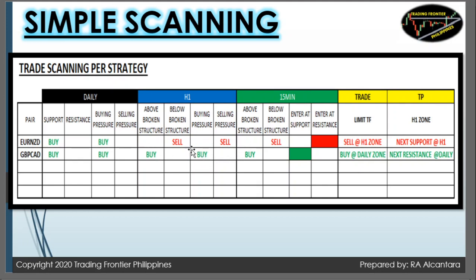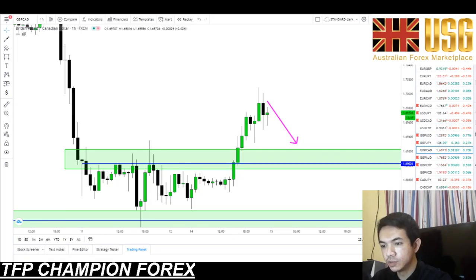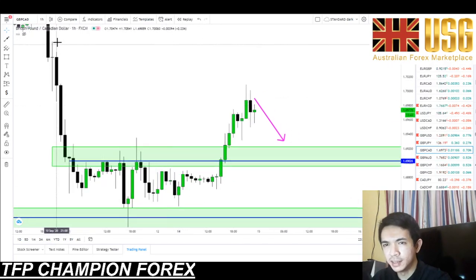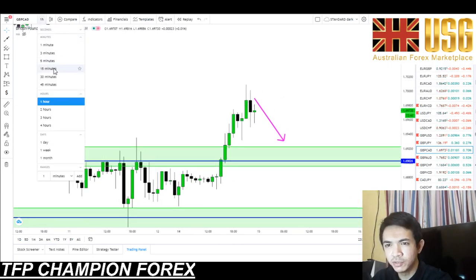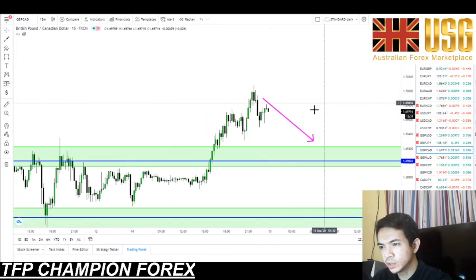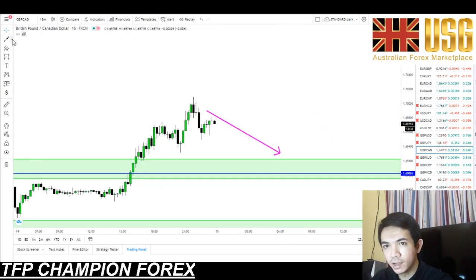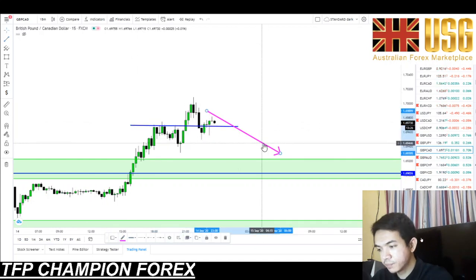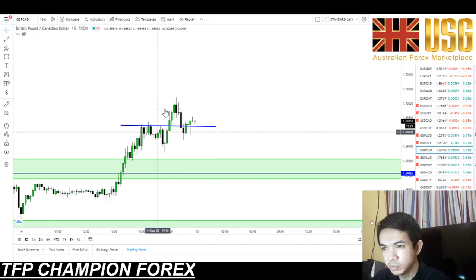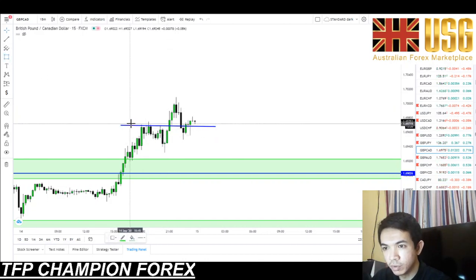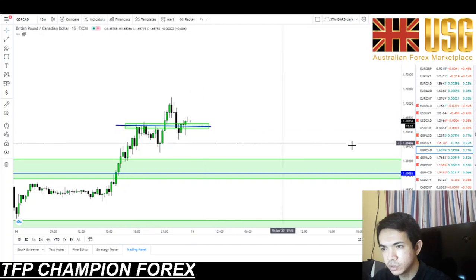All right. So again, I will go down to a much lower time frame for our entry. So let's take a look again at our charts. All right. So this is on an H1 time frame. So on a 15-minute time frame, what can we see? You can see here the price broke structure, which means previous resistance got broken and becomes new support.